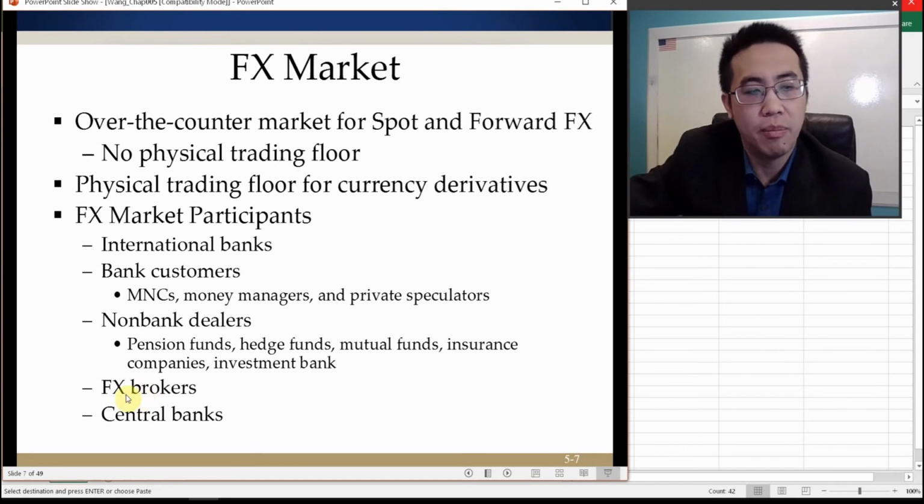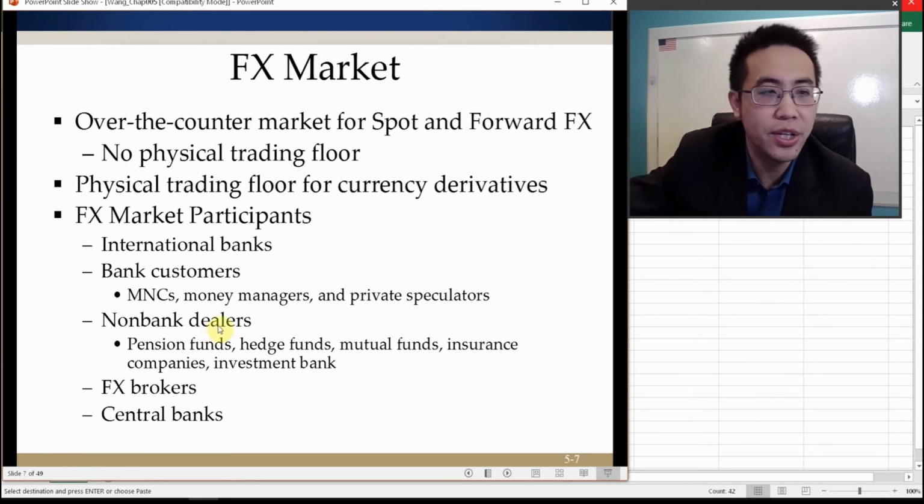There are also brokers for foreign exchange, and of course the central banks are playing a very big role in the exchange market, especially the central banks from developing countries. For developed countries like the United States and the UK, the central bank usually doesn't touch the foreign exchange market. They only affect the exchange rate by their monetary policies.